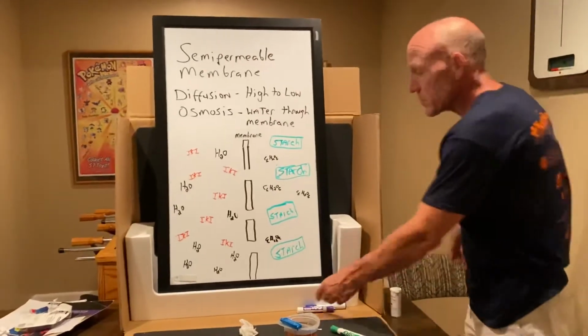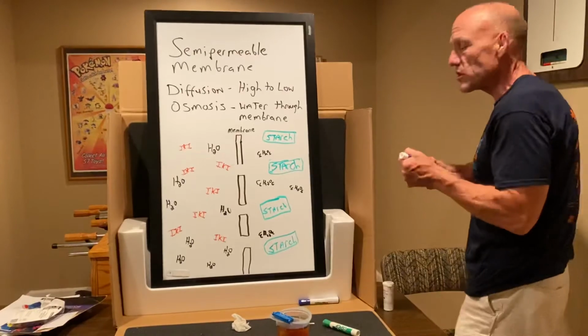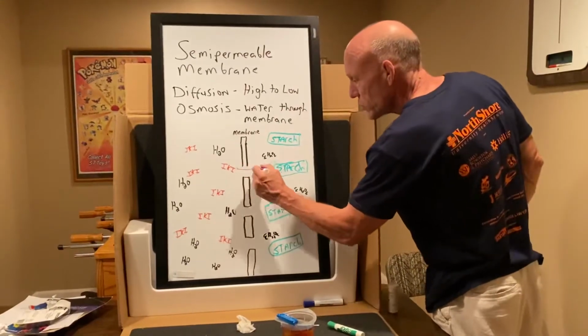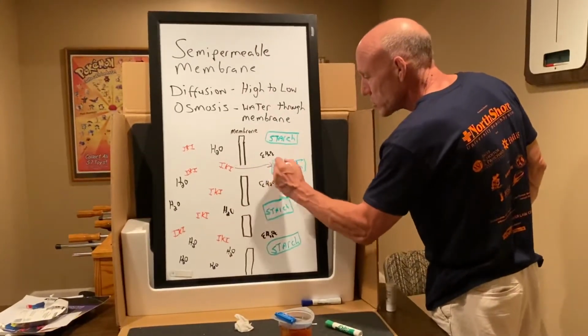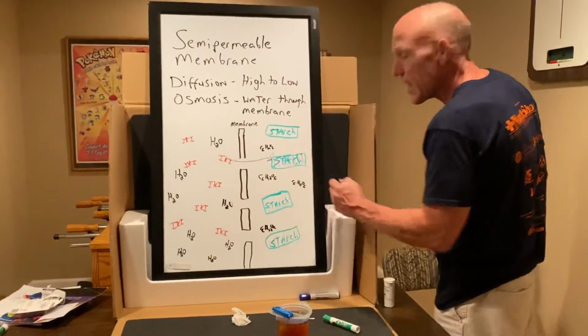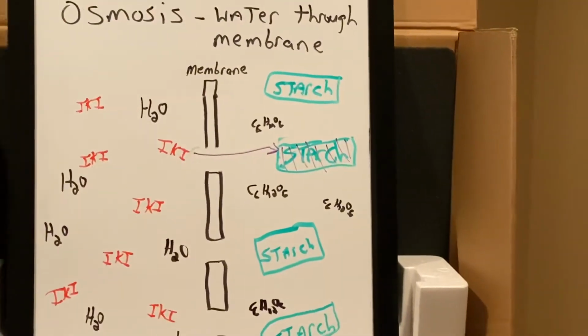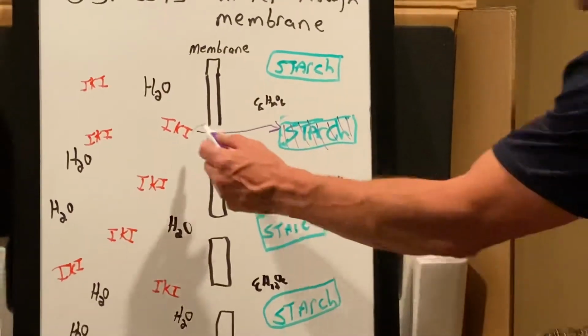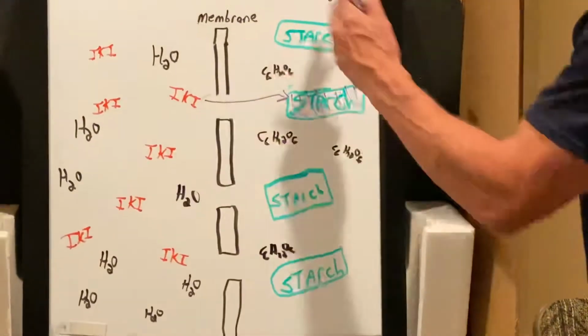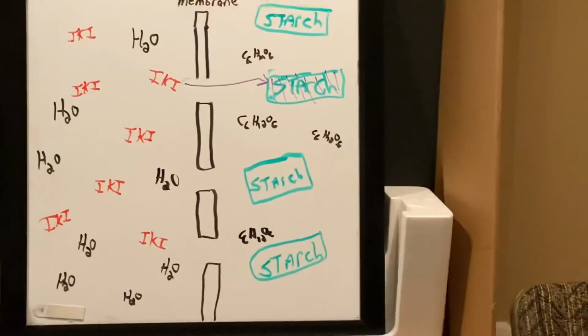You need to realize that when this iodine comes in contact with starch, it turns the starch purple. If you've got a cotton shirt and you spilled iodine, it'll become this dark purplish black color. So we'll know if the iodine got in because the inside of the membrane will be purple.